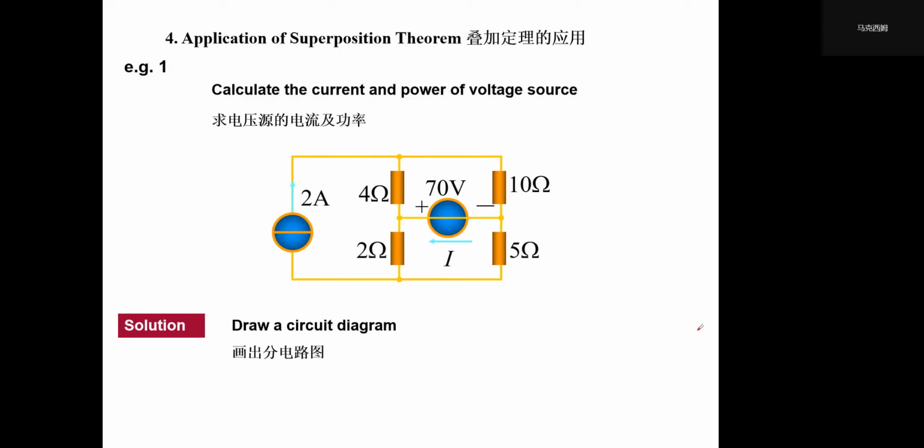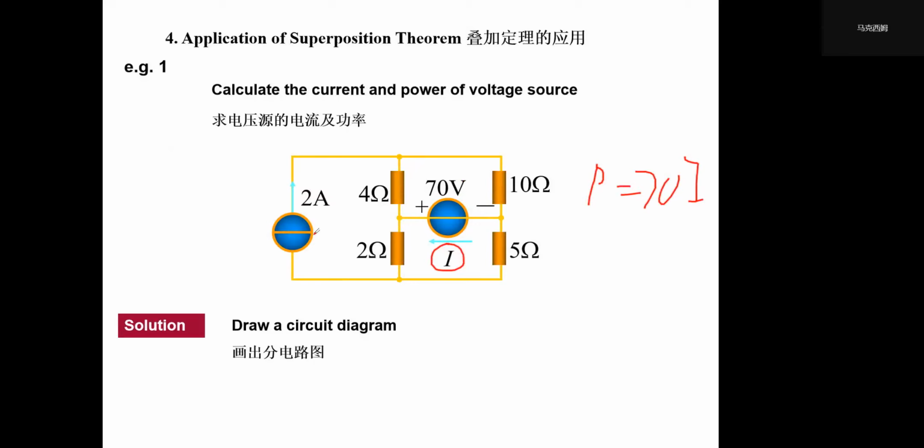For example, if we have this circuit and we would like to calculate I and this power. We know that P equals 70 times I, right? U is 70 volts, already known, and I should be calculated.